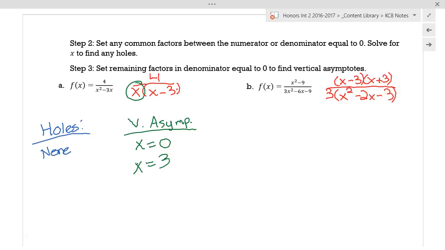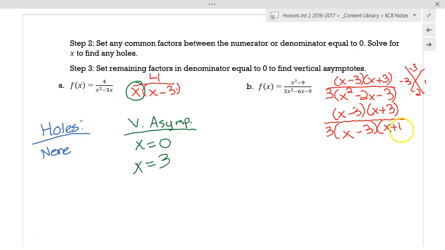Now that I've pulled out my greatest common factor, I'm going to factor that remaining trinomial. What multiplies to -3 but adds to -2? That would be -3 and 1. So x minus 3 and x plus 1.